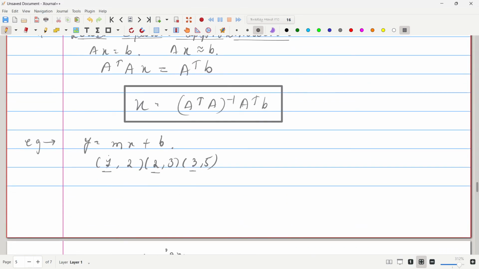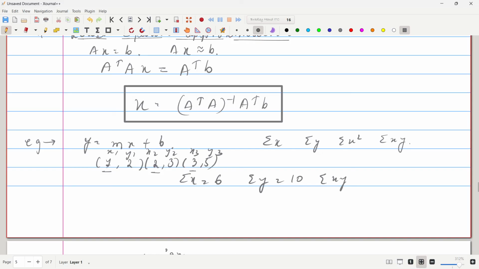You have got the values x1, y1, x2, y2, and x3, y3. So we have to find summation of x, summation of y, summation of xy, and summation of x square. What is summation of x? 1 plus 2 plus 3, that is 6. Summation of y, 2 plus 3, 5, 5 plus 5, 10.